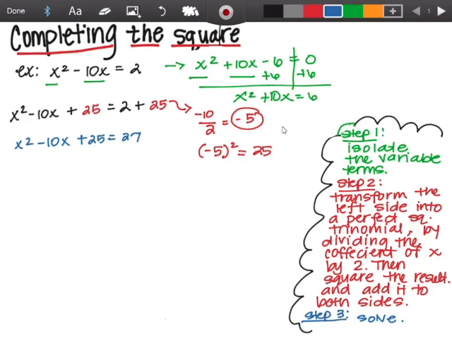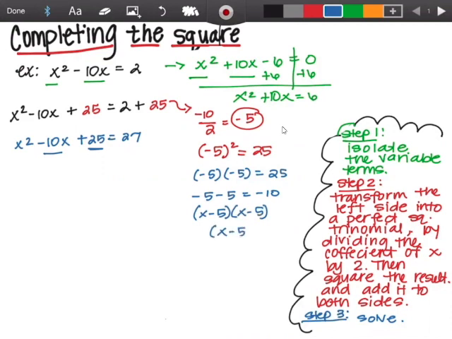This is now a perfect square. We know that negative 5 times negative 5 is positive 25, which is what we got here, and negative 5 plus negative 5 equals negative 10, which is what we got here. So that means we can write our terms as x minus 5 times x minus 5, which is the same thing as x minus 5 squared. So x minus 5 squared is equal to 27.